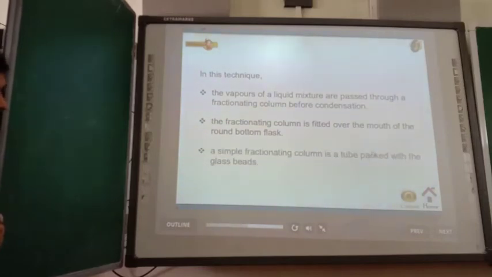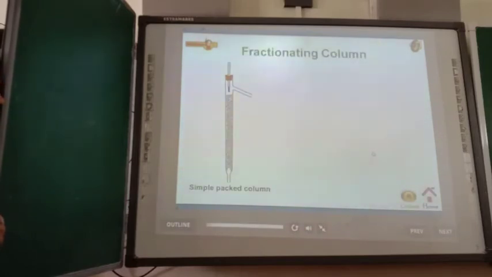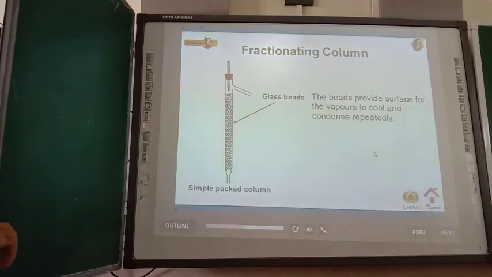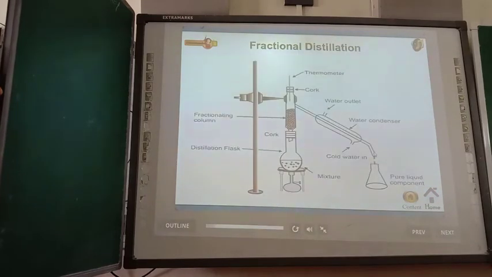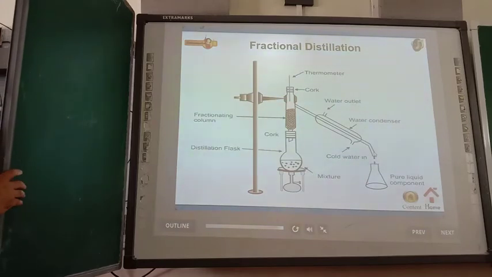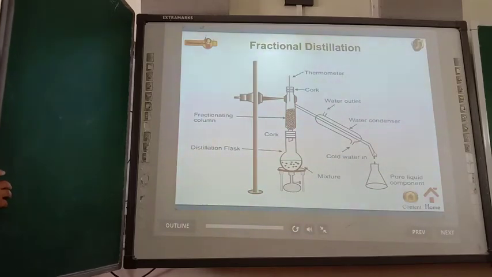A simple fractionating column is a tube packed with glass beads. In the fractionating column, the beads provide surface for the vapors to cool and condense repeatedly. Given is the schematic representation of fractional distillation.